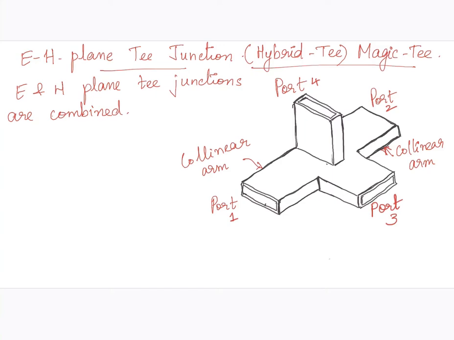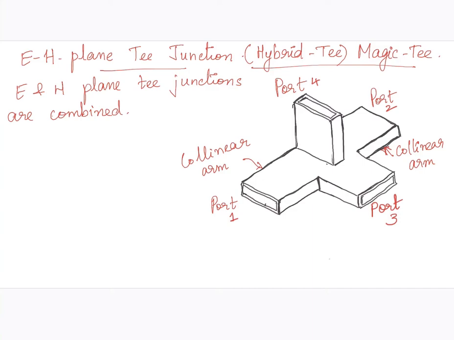So you have E-plane T junction and H-plane T junctions which consist of 3 ports, but magic T consists of 4 ports, or it can be called a combination of both E-plane T junction and H-plane T junction. So the properties of both the E-plane T junction and H-plane T junctions apply to magic T.